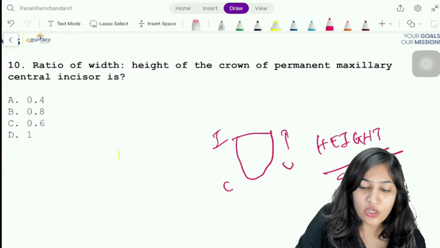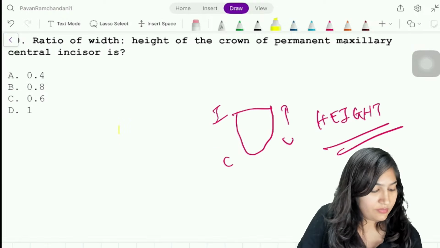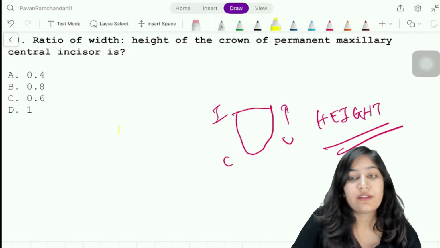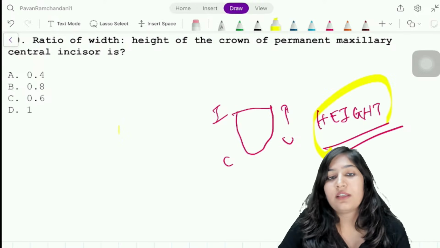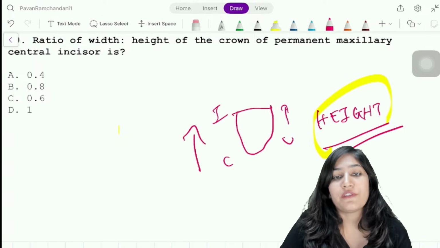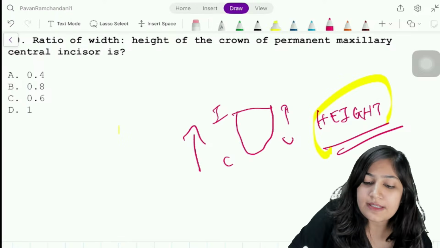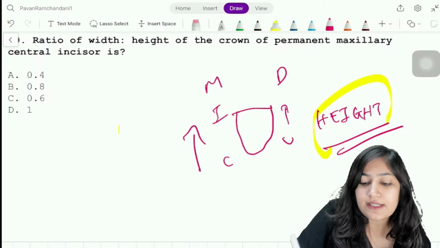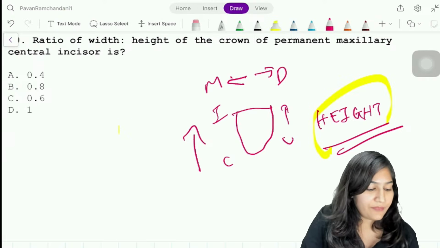Okay, all of you have already calculated, I think. It is 0.8, okay. So height is the cervico-incisal length of the crown. And what is width? The mesiodistal dimension of the crown. This is the mesial surface, this is the distal surface. Mesiodistal width of the crown is our width.